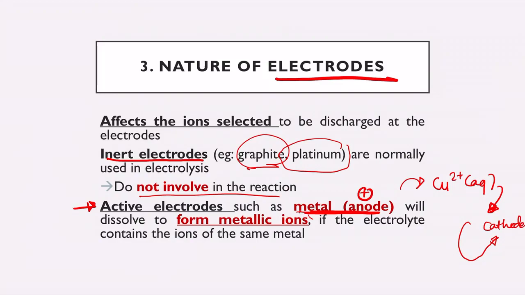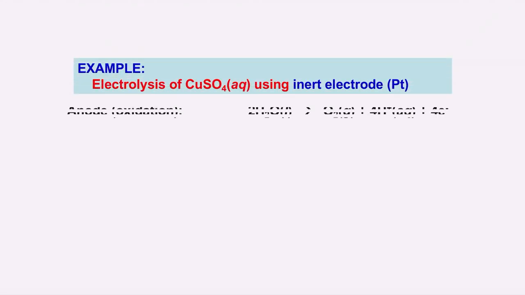Okay, but your electrolyte, it has to be contoh copper sulfate ke, okay, in order for your copper 2 plus to masuk kat dalam awak punya electrolyte lah. Alright, in your solution.